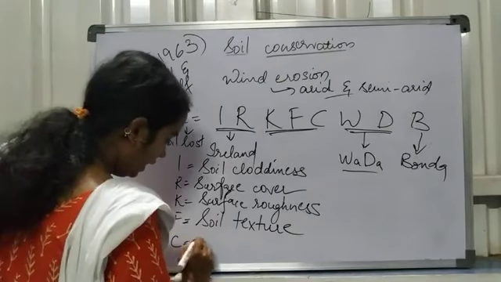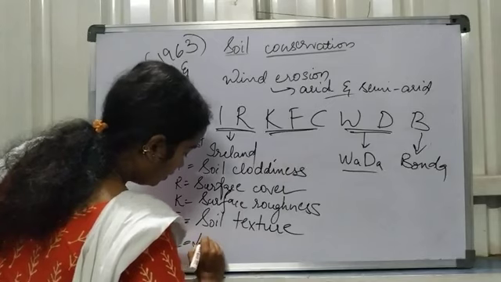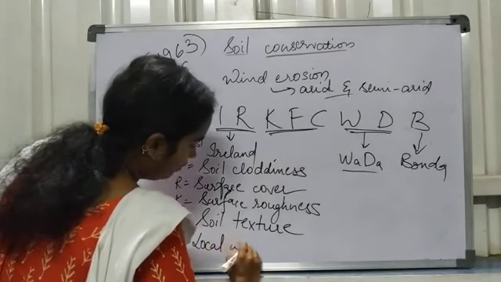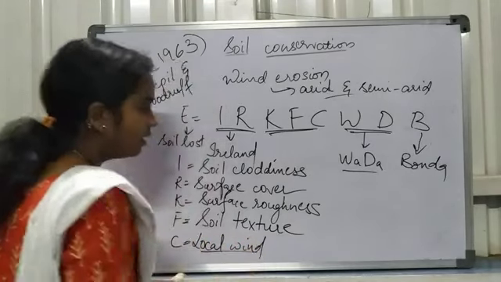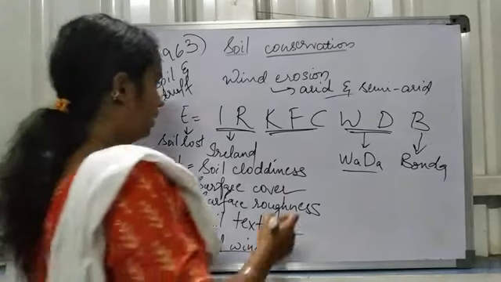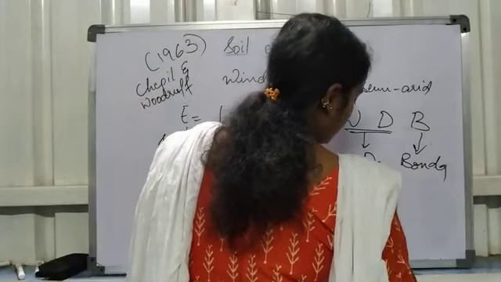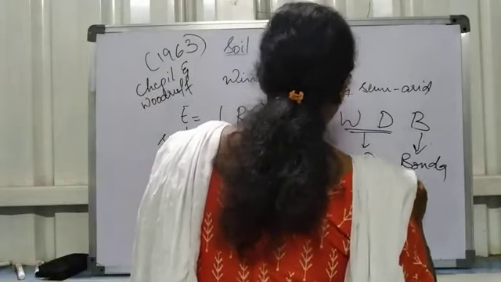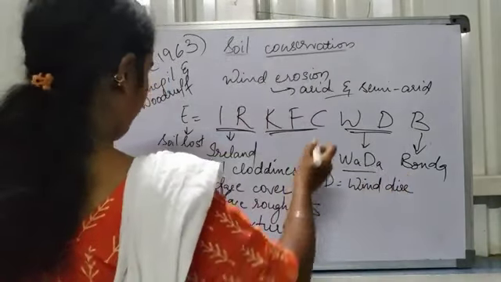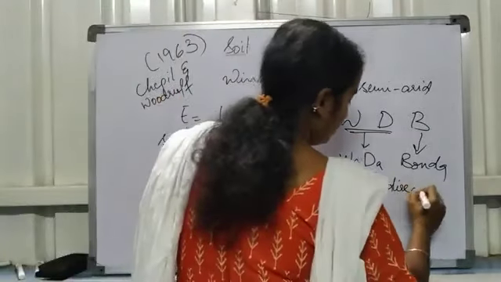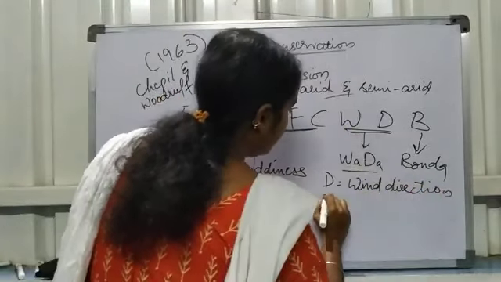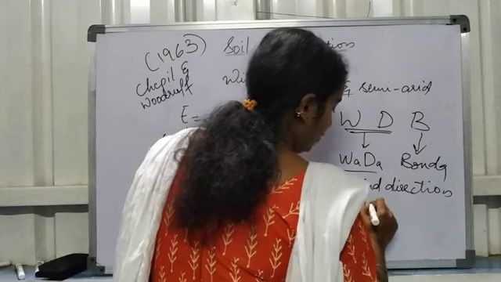And next C, it is about the local wind. How is the wind condition over there? And next one is wind direction. Okay, I missed W. W stands for the field width.